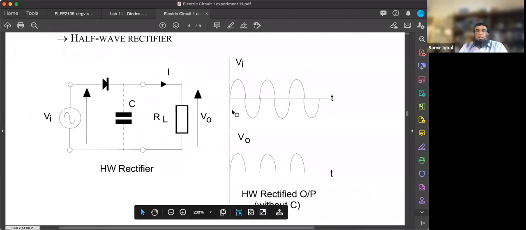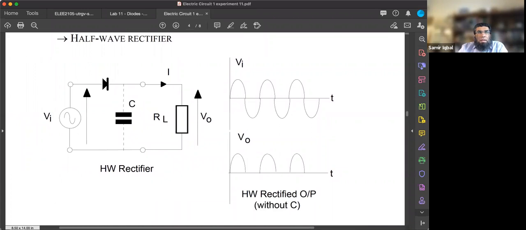So now, let's follow the signal and see what happens during that process. I'm going to use red for this positive side. In this part, this diode is forward biased, right? So current is flowing this way.